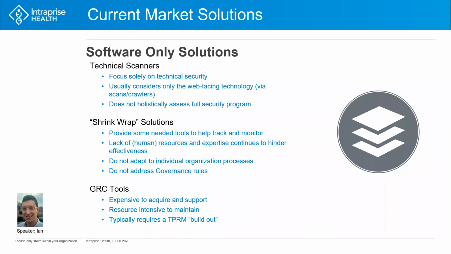However, because of their general vastness, they're very expensive to implement and support, resource intensive to maintain, and generally the third-party risk management component only exists as like a module that one would add on. So it's pretty obvious that with a GRC platform, third-party risk management is not really going to be the primary focus. And I know for healthcare, obviously, these are sort of horizontal platforms, so there's that potential, that quote-unquote build-out as well for a healthcare-specific TPRM solution.